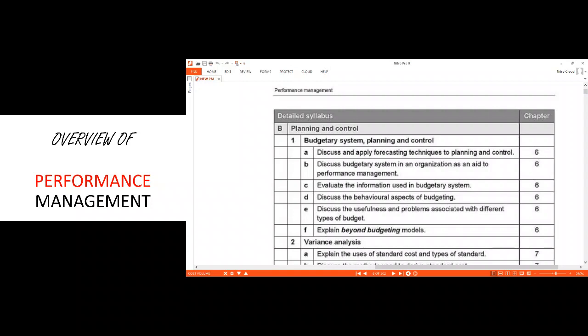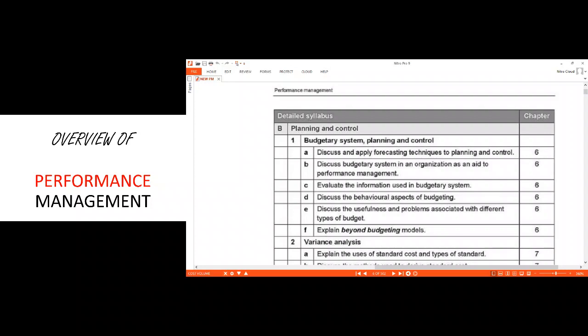Evaluation of information used in budgetary system will be looked into. Then we are going to discuss the behavioral aspects of budgeting.